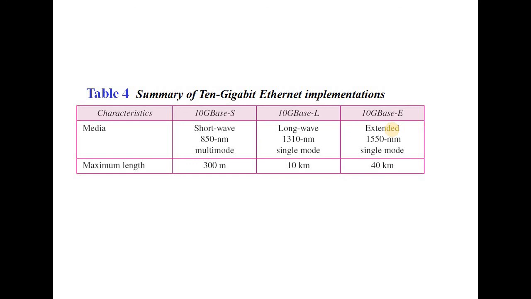The characteristics here are the media used to send the data, and the implementations are 10GBASE-S, that is short wave, long wave and extended wave, and the supported medium is multi-mode, single mode and single mode, and the maximum length of cable is restricted to 300 meters, 10 kilometers and 40 kilometers. The latest one we use nowadays is 10 Gigabit Ethernet.